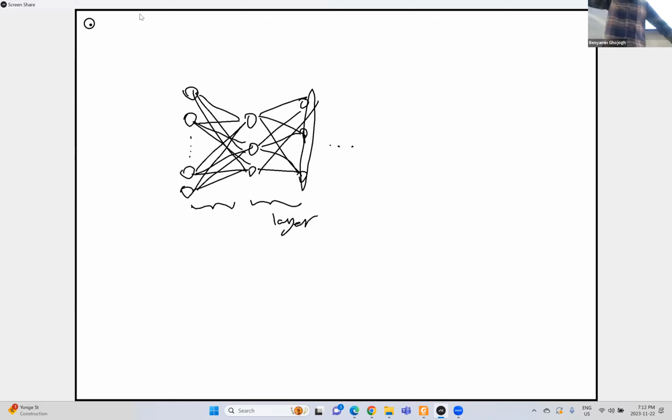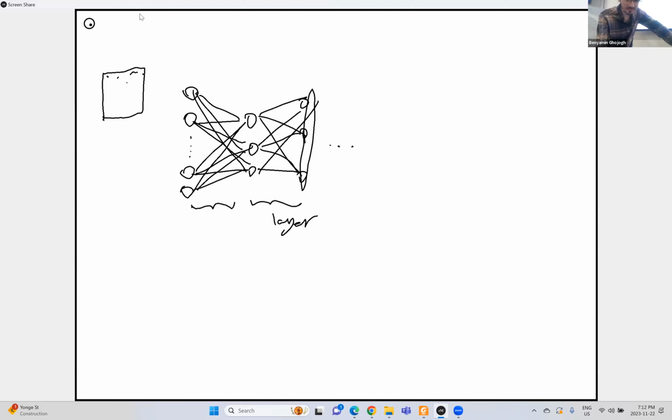Now you tell me, assume I have an image and I want to feed it to the feed-forward neural network. It has several names: fully connected neural network, feed-forward neural network, multi-layer perceptron. All of these mean the same thing. Now you tell me, what should I do?